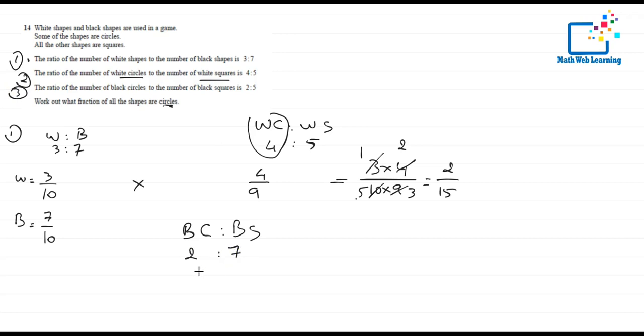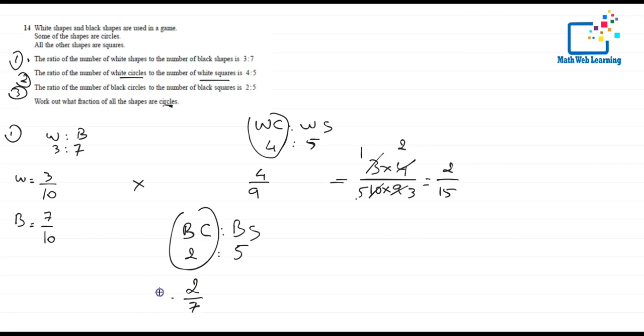So we've got the black circle now, which is the one I'm looking for. It's 2 out of 9. So I apologize, I'll correct that. It says 2 out of 5. So for the black circles, it's 2 out of 7.